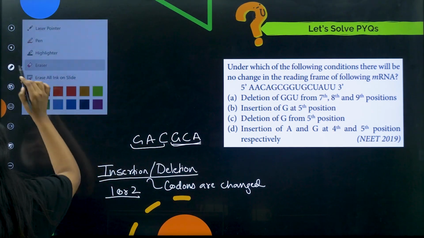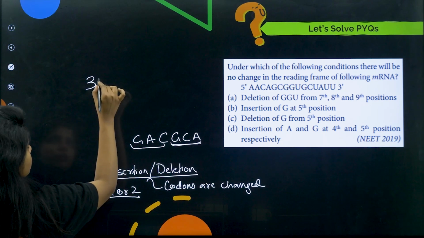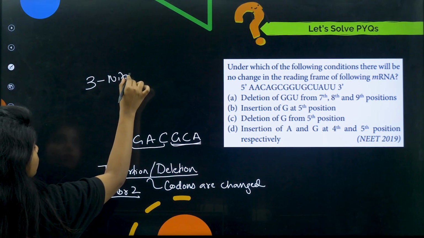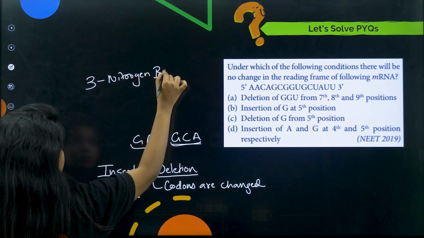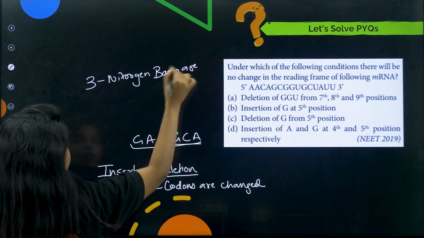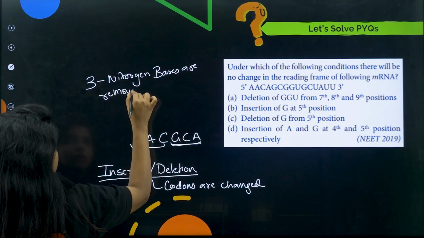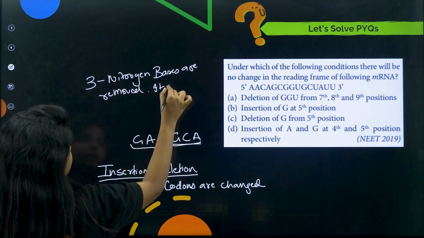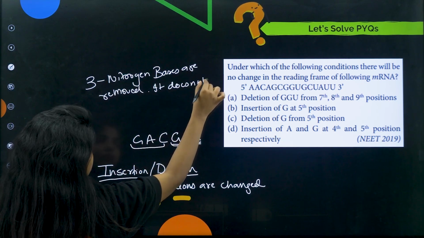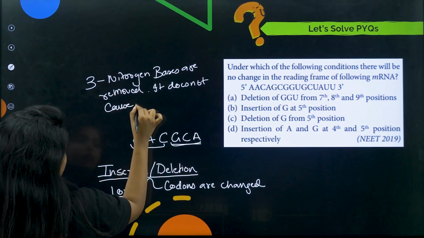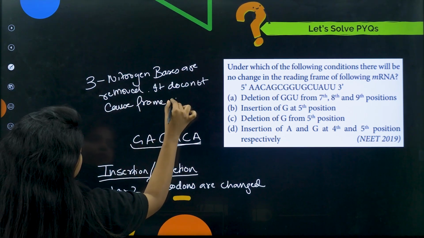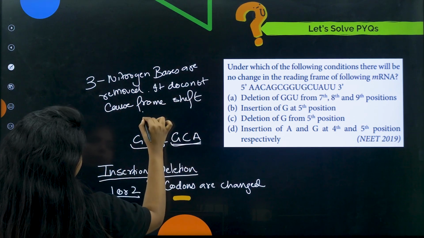So please remember, when 3 codons are removed, 3 nitrogen bases are removed, it does not cause frame shift mutations.